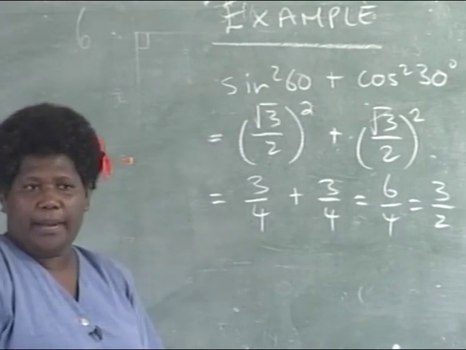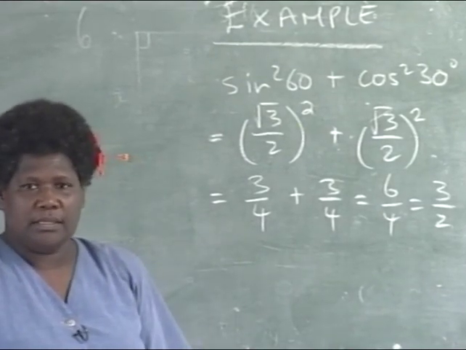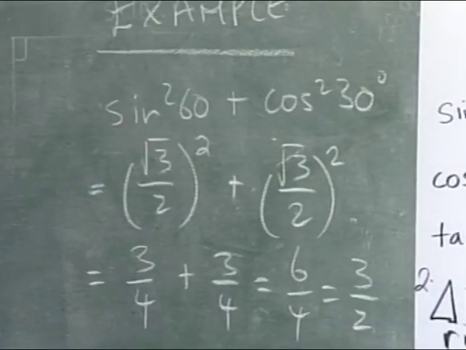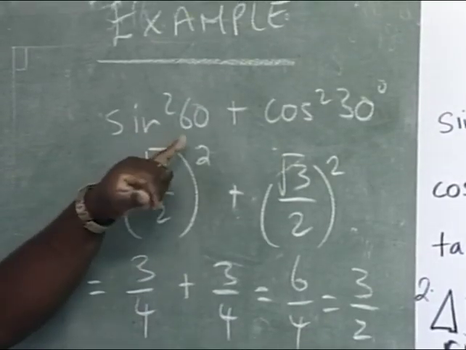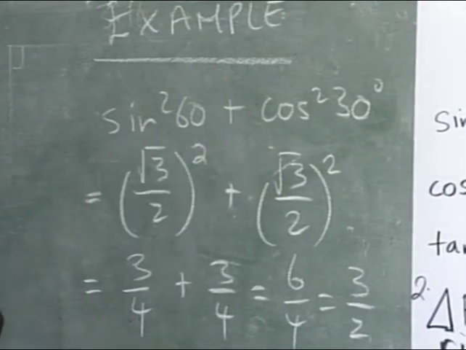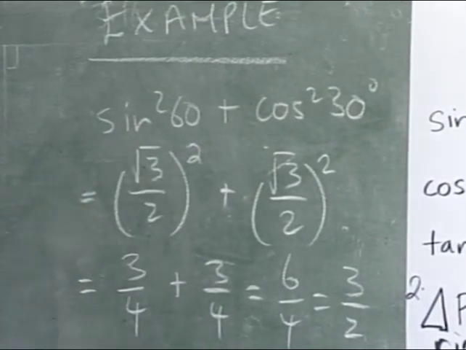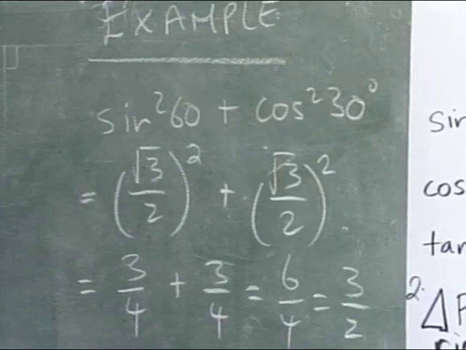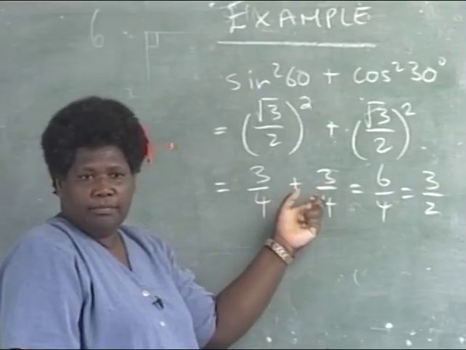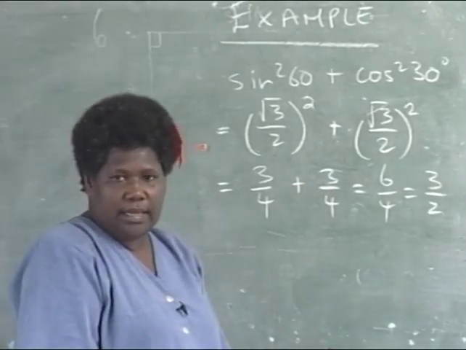That is what you are required to do in the first exercise. You have to use the table. I do not want to see you just writing sine 60 squared plus cos 30 squared equals 3 on 2. Your calculator can do that for you, but I don't want you to do that. You have to use the table and show the working out to find the answer.